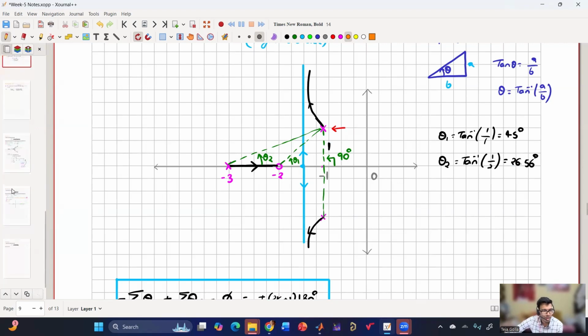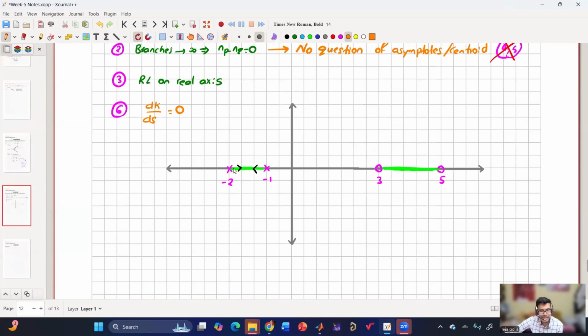But when rule number 3 says there exists a root locus between two poles, then it is hitting because both are moving towards each other. So this is a somewhat different example, and that's why I have taken it.